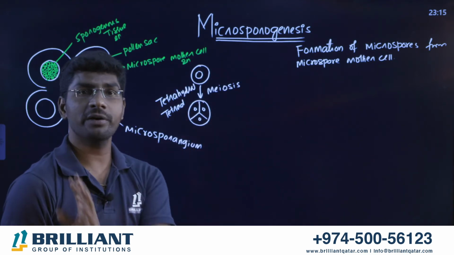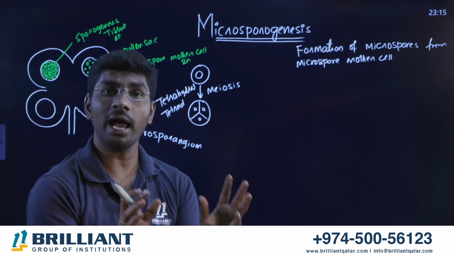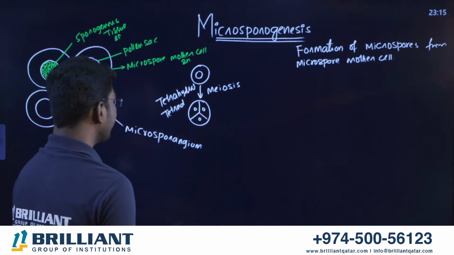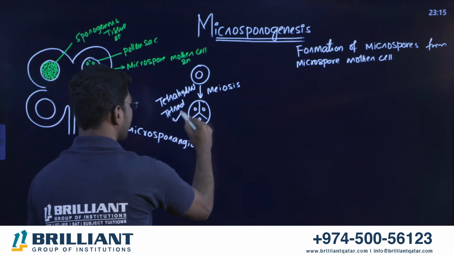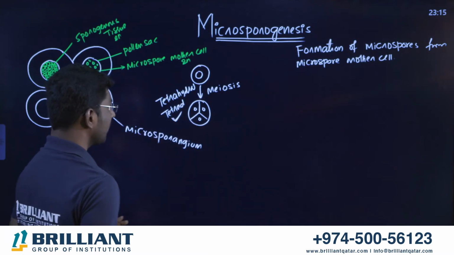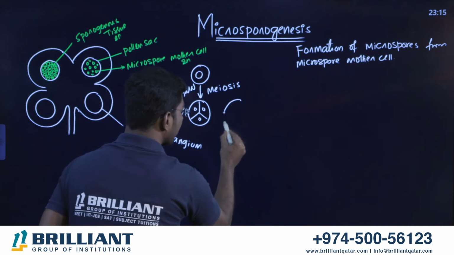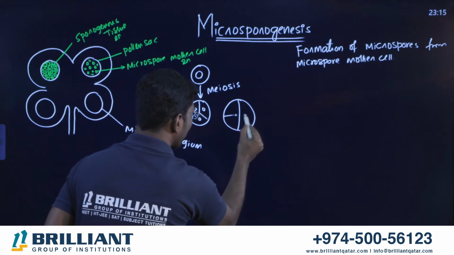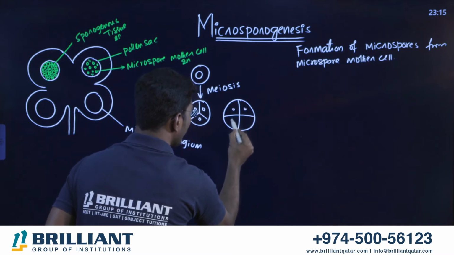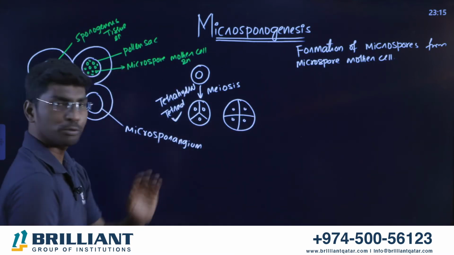There are 4 different types of tetrads that can form in angiosperms. What are the 4 different types of tetrad? This is one type of tetrad, which is the most common type, that is the tetrahedral tetrad. The second type of tetrad is the isobilateral tetrad. This is the isobilateral tetrad, where 4 haploid microspores have formed.